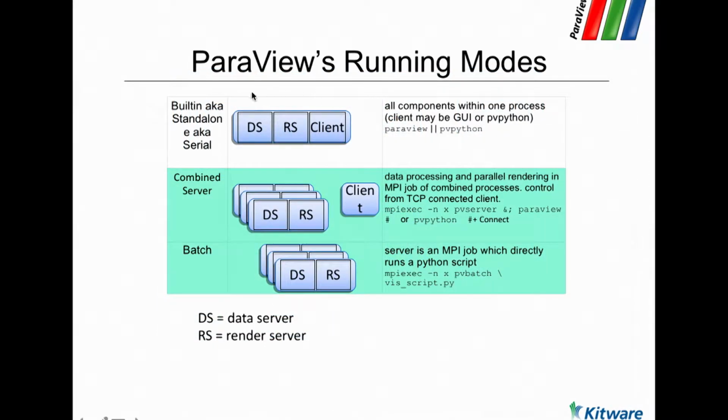I mentioned this before. When you run your ParaView executable, you have the client, the data server, and the render server in the same program. You run that by just typing ParaView or starting the application from the user interface. You can also run PV Python, which allows you to run a Python ParaView script.